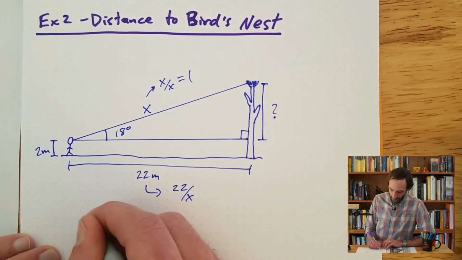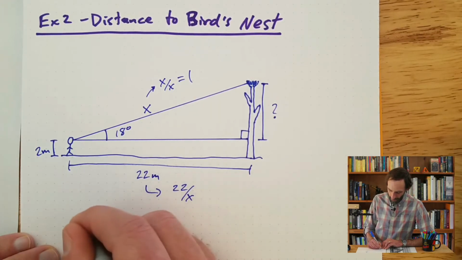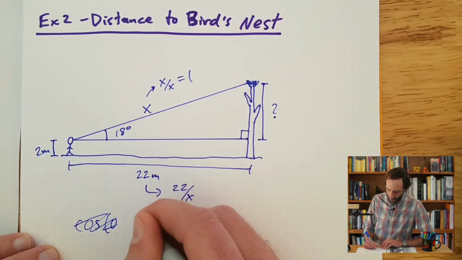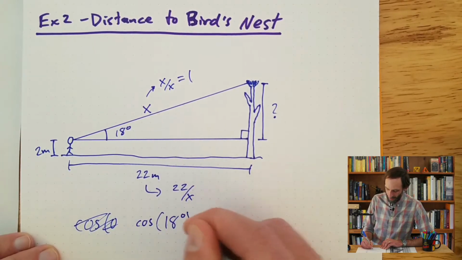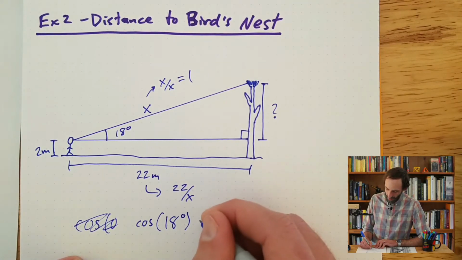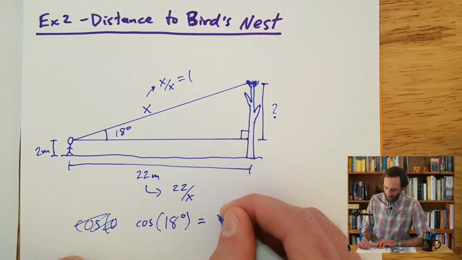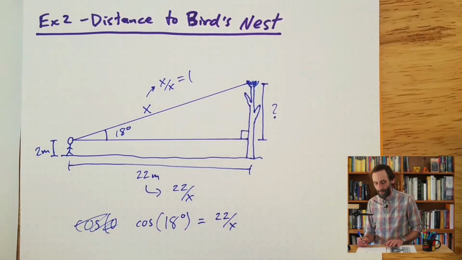So I can write that the cosine of 18 degrees, I almost wrote theta, but I actually do know the angle here. Cosine of 18 degrees is equal to 22 over x.